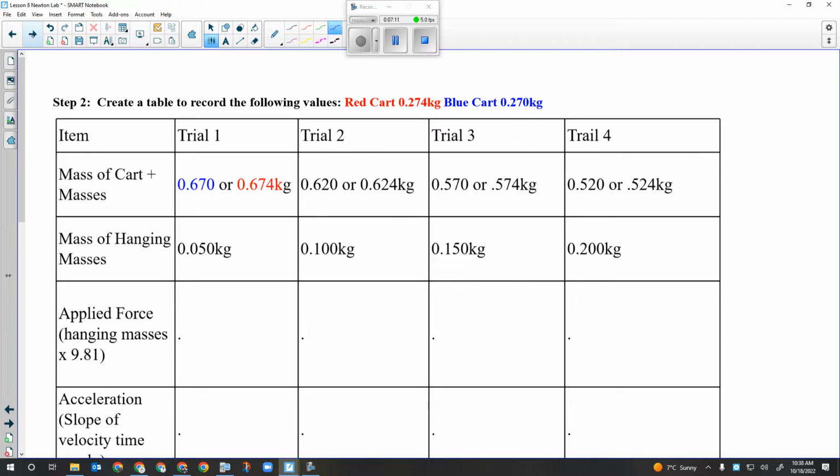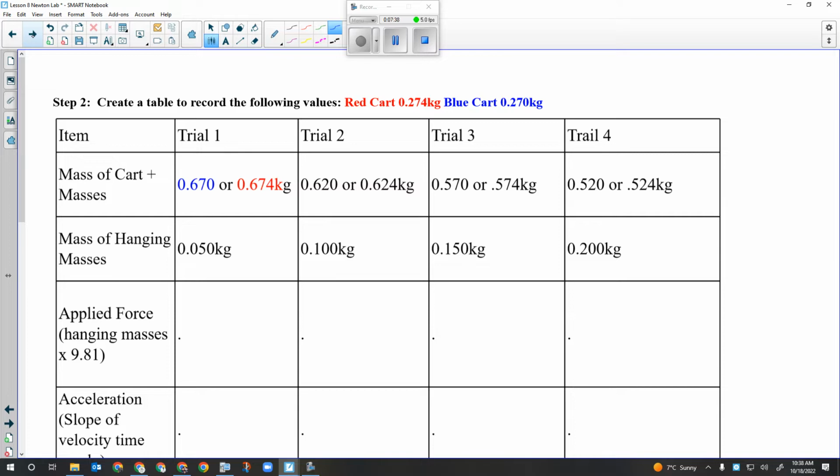So in trial number 1, you're going to have the mass of the cart. The carts are 0.274 and 0.270 kilograms, so that's 274 grams or 270 grams. But in your first trial, you're going to have 670 grams on the cart. Sorry, the cart and the masses.